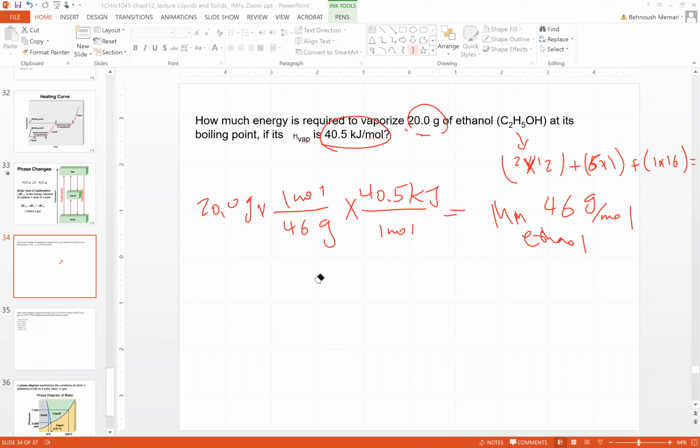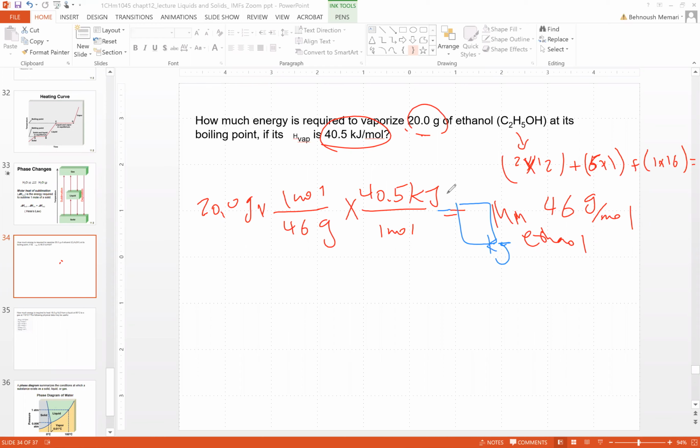Okay, so whatever you find here in kilojoules is going to be the amount of heat needed to evaporate 20 grams. This happens at boiling point. So if it happens at boiling point, what it means is that it is not going to involve any temperature change.